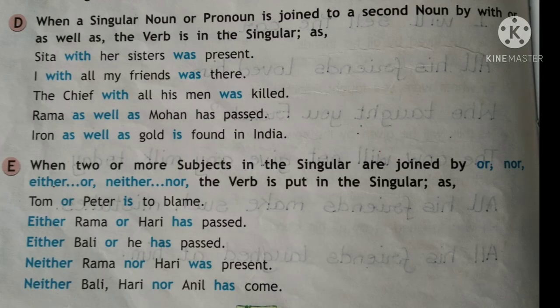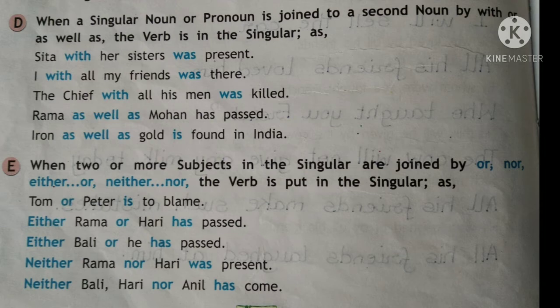Now in a sentence, when a singular noun or pronoun is joined to a second noun by with, W-I-T-H, or as well as, the verb is in the singular. For example, Sita with her sisters.